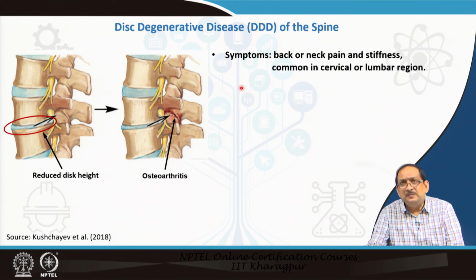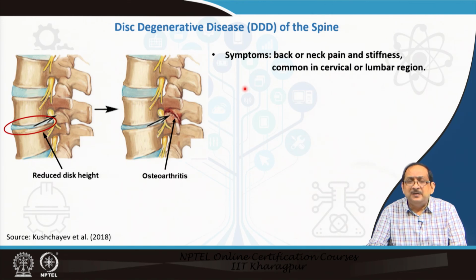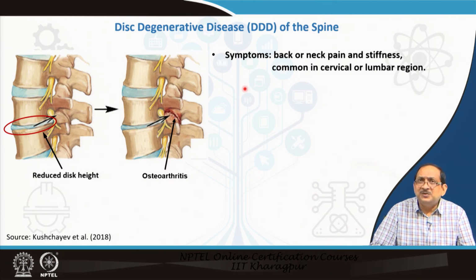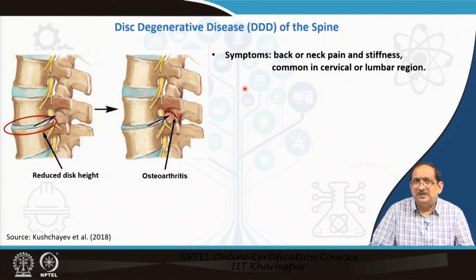The symptoms of this degenerative disease are back pain or neck pain, and it is also associated with stiffness in the spine. This is common in the cervical and or lumbar region of the spine.